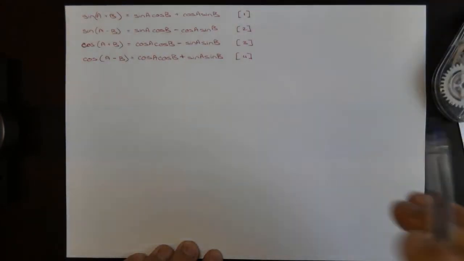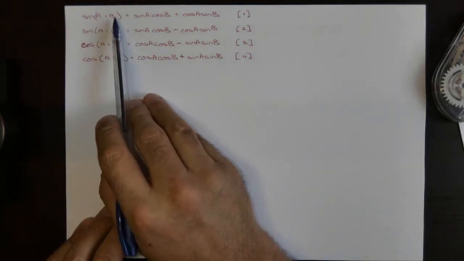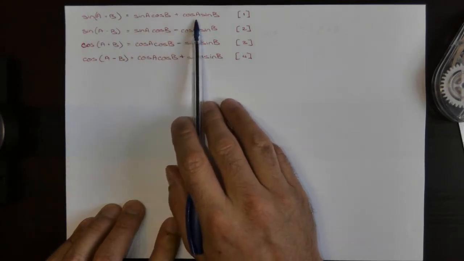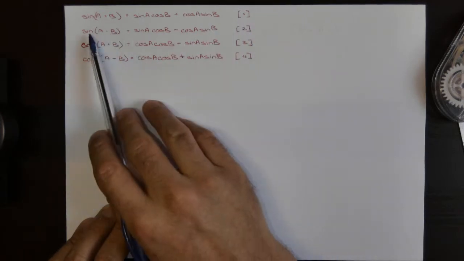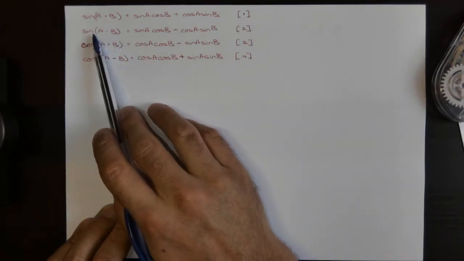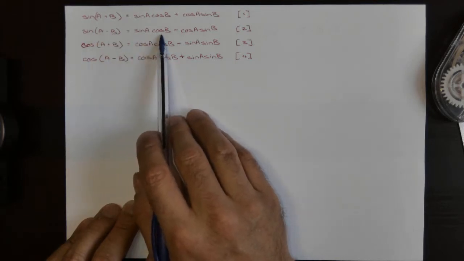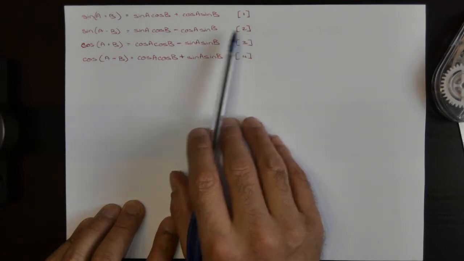So we have seen these before. The sine of the sum of two angles is sine A cos B plus cos A sine B. We'll call that equation 1. The sine of the difference of two angles is sine A cos B minus cos A sine B. We'll call that equation 2.